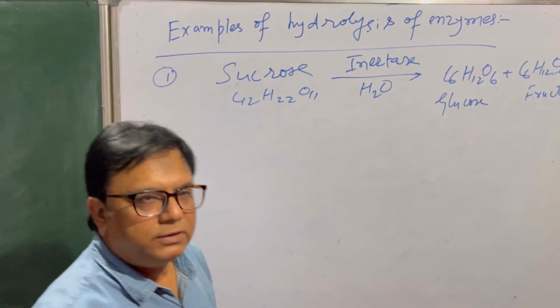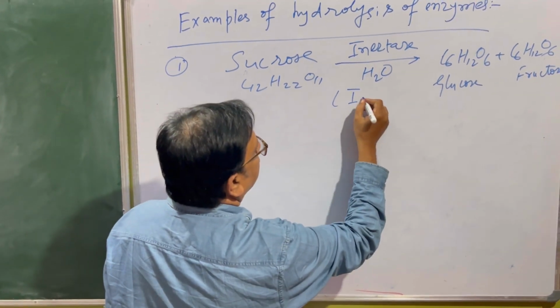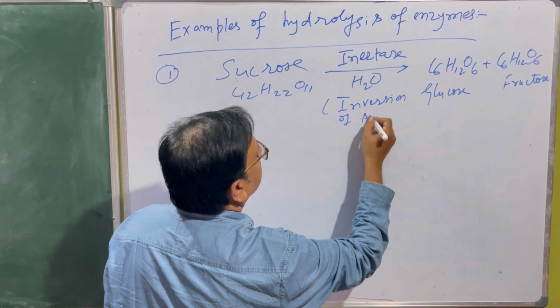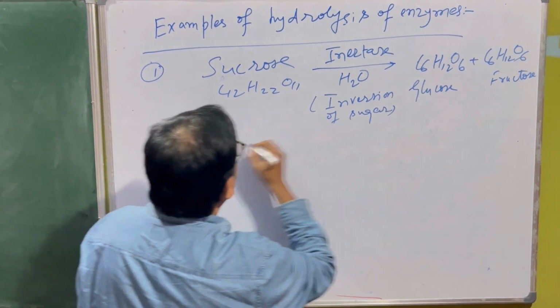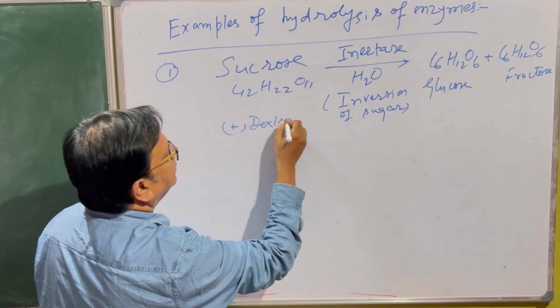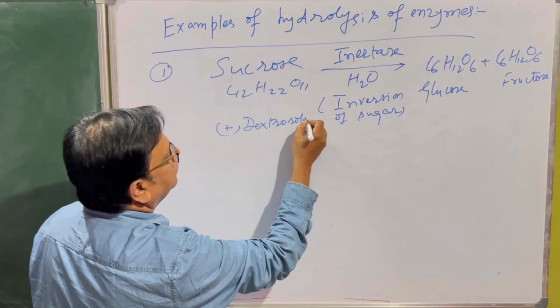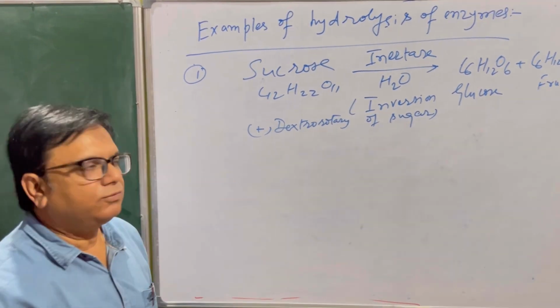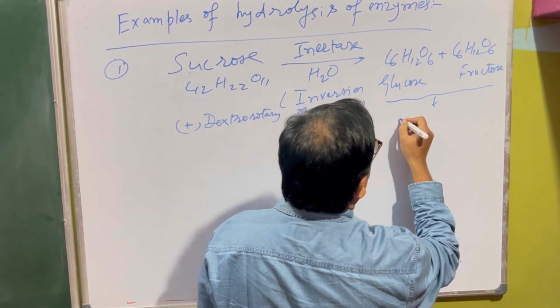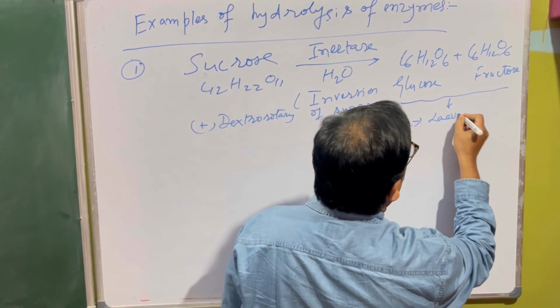You must know that this particular reaction is also called inversion of sugar, because originally the solution is dextrorotatory, but after hydrolysis, the mixture of glucose and fructose is levorotatory.